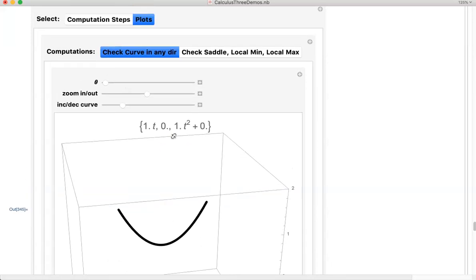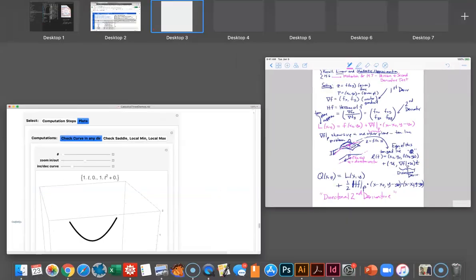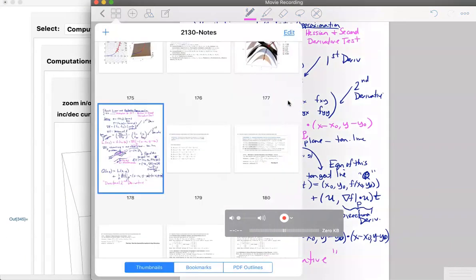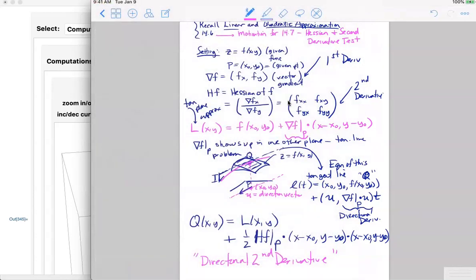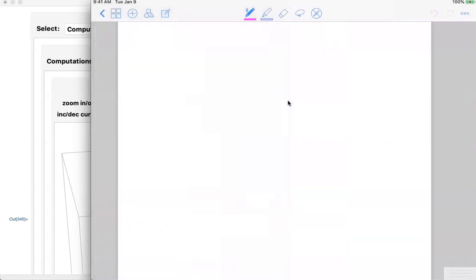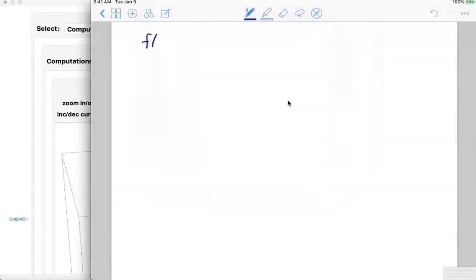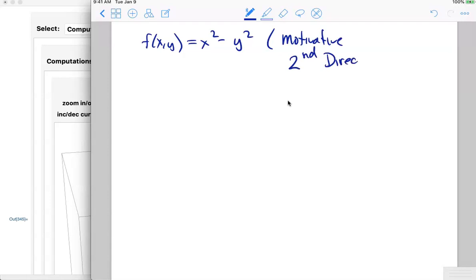Let me just switch back to my screen here, and we can do a quick second directional derivative. So in the function we just did, f of x, y was x squared minus y squared. And here we're trying to motivate the second directional derivative.